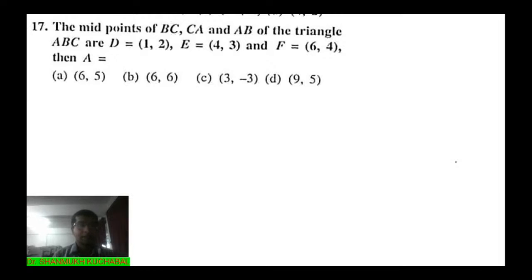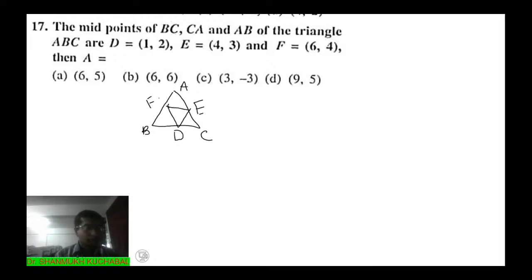The question is: the midpoints of BC, CA and AB of triangle ABC are D equal to (1, 2), E equal to (4, 3), and F is (6, 4), and we have to calculate A. We'll draw a diagram of this: a triangle with vertices A, B, C. Its midpoints are F for AB, E for AC, and D for BC.